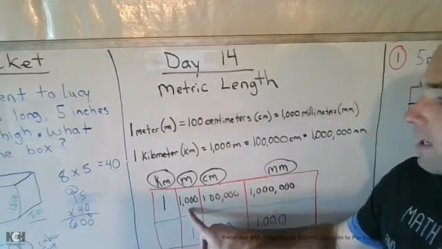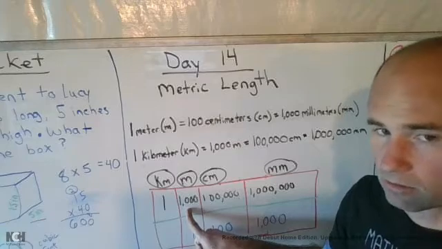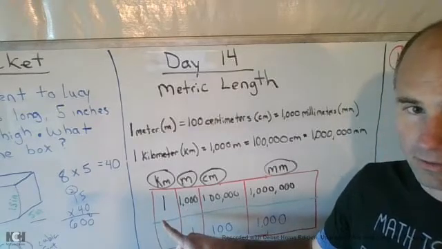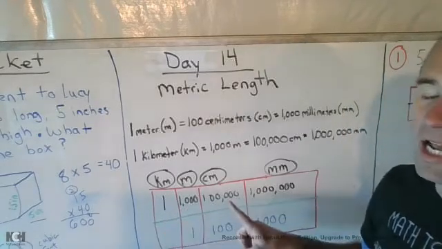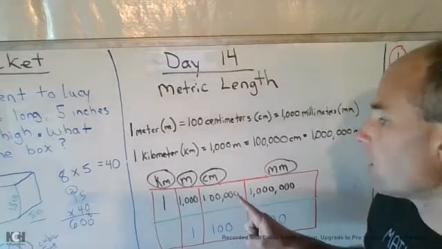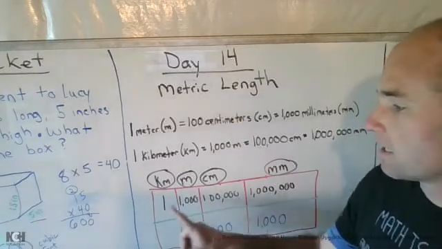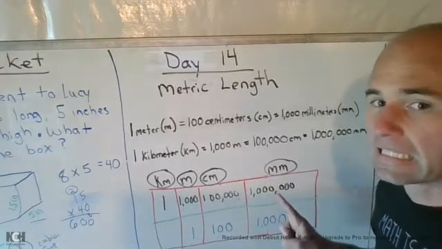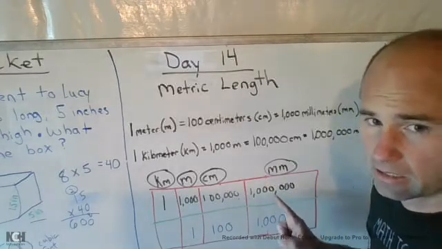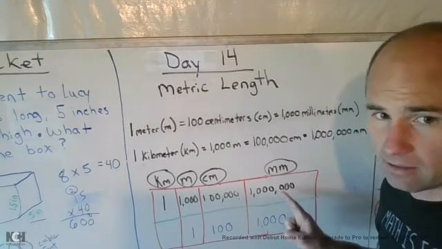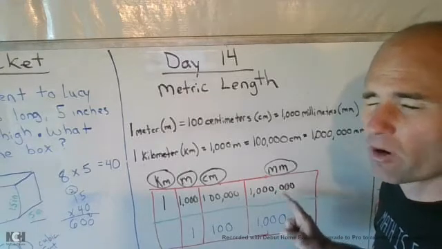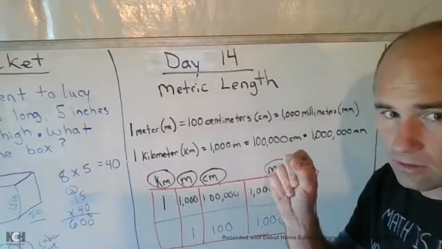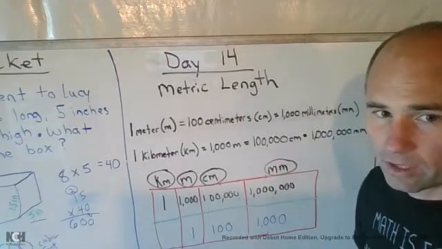Well, it takes 1,000 meters to get to 1 kilometer. And 100,000 centimeters to get to 1 kilometer. And then 1 million, okay, a million. The 1 million tips of your pencils make 1 kilometer.